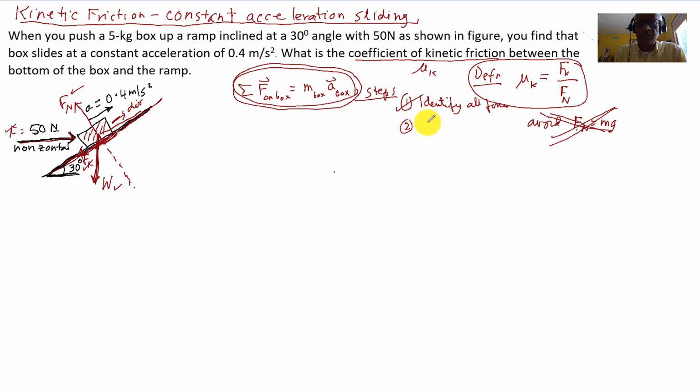The next step is to draw a free body diagram. It's always good to take another clear picture. This is the weight, this is the normal, and in a free body diagram all forces come out of a single point.